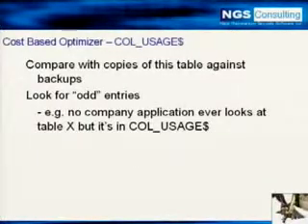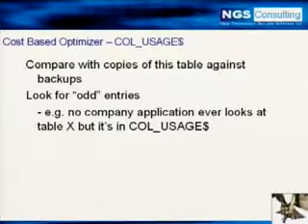Now, given that we may have been compromised, we can look at this call usage table, but with no frame of reference, we don't know whether there's anything untoward in there. Well, we can compare copies of the current call usage table to copies in our backups. Another way to do this is to look for odd entries.